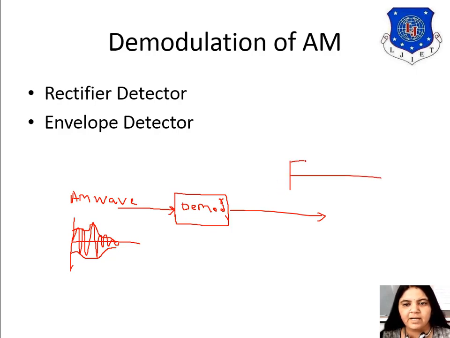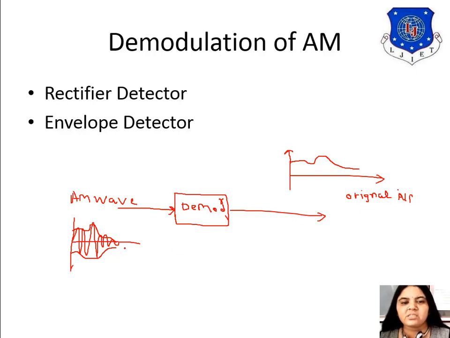So what do you want at the output? We want the original signal back. Demodulation is the process in which from the AM wave we get the original input signal, or original message signal.